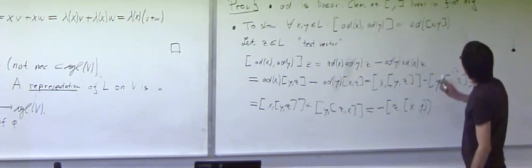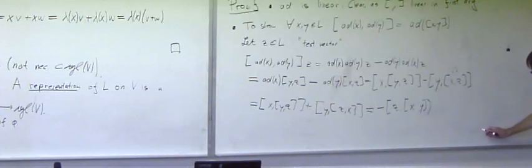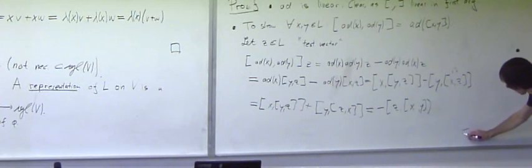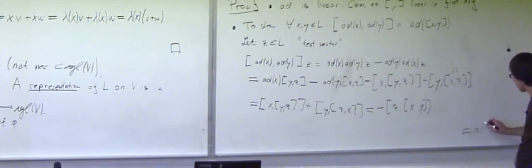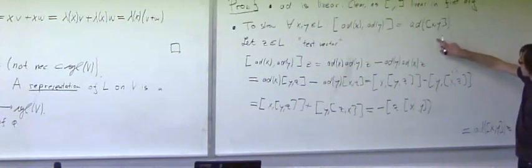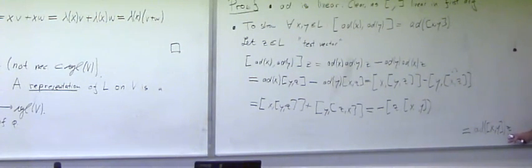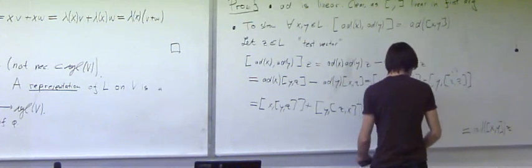So slowly we should also look at what we actually want. We want to show, so let's start from the end and try to match it. We want to get this operator ad [x, y] applied to our test vector z. So let's just apply the definition.